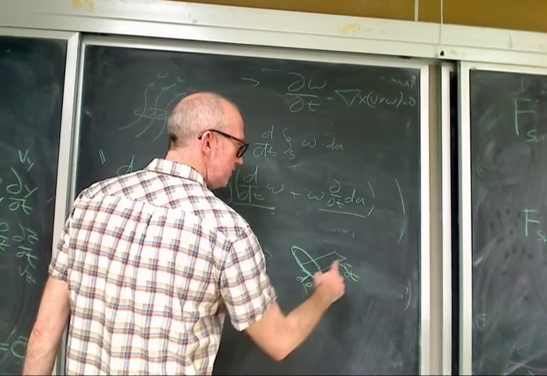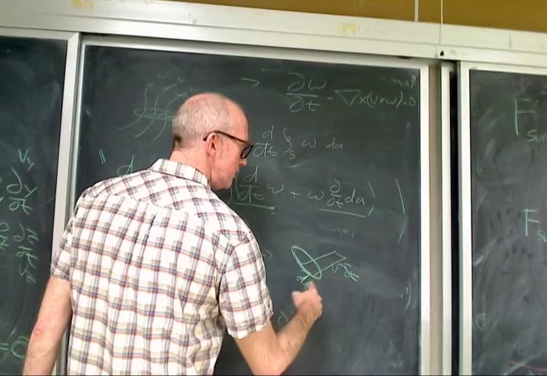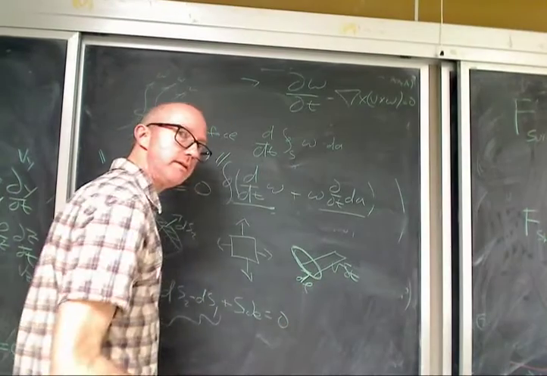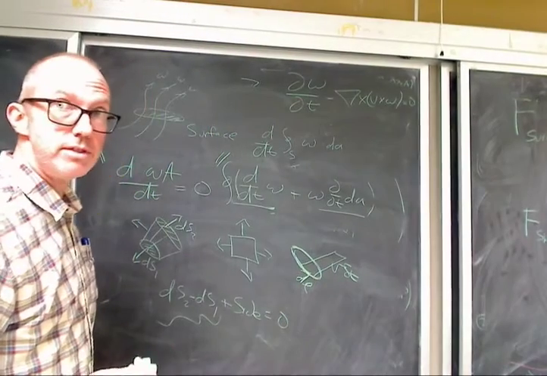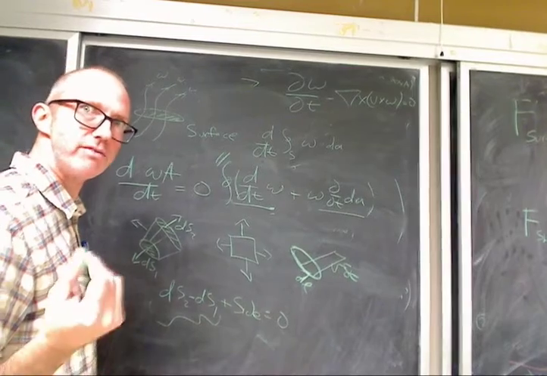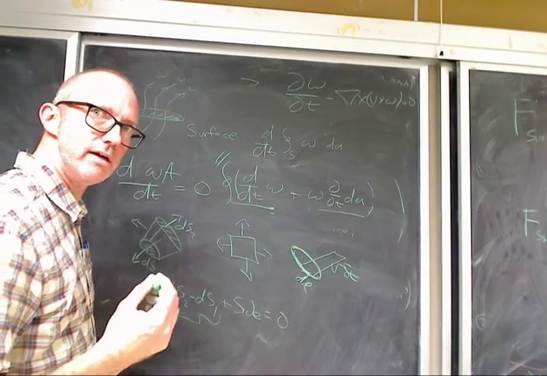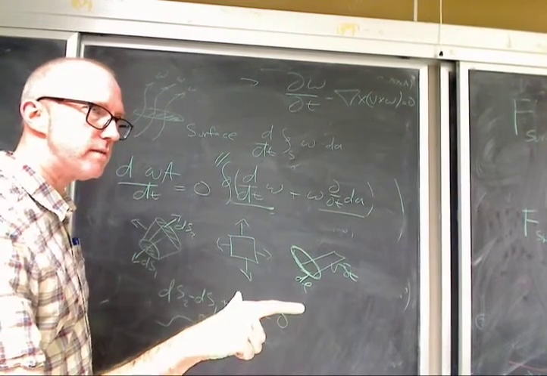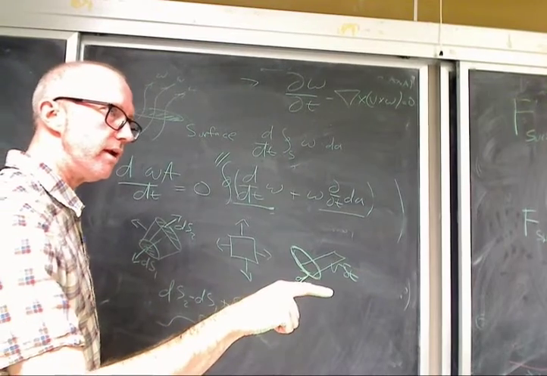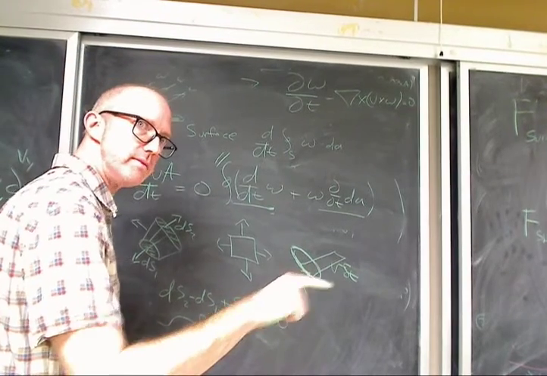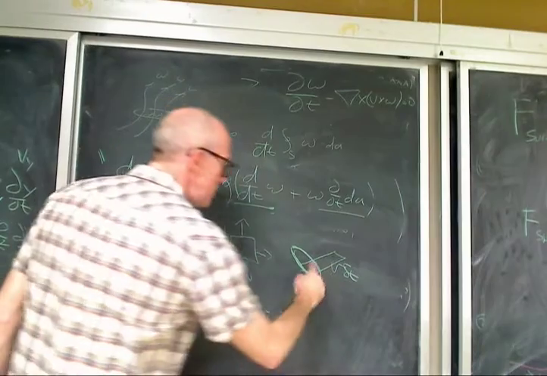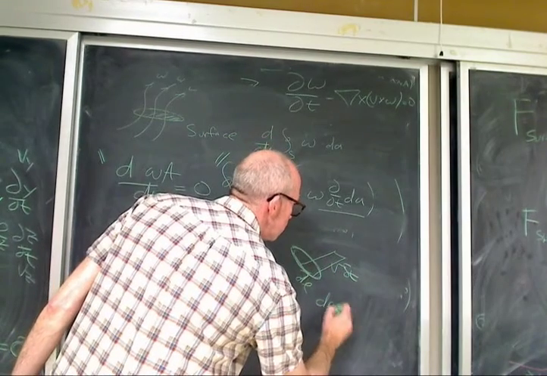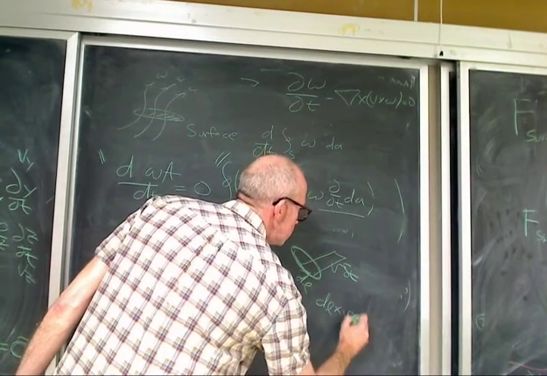So the area of this little infinitesimal rectangle here is dl times v dt. What kind of times? Cross times. Cross times gives you an area. If I have two vectors and I cross them, the cross product gives me the area of the parallelogram that they define. So the area here is dl cross v delta t.